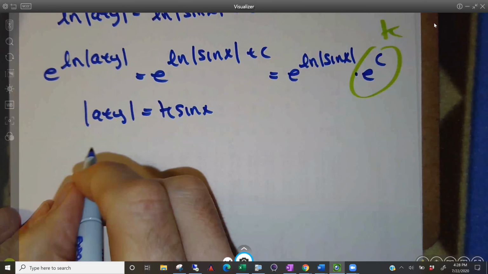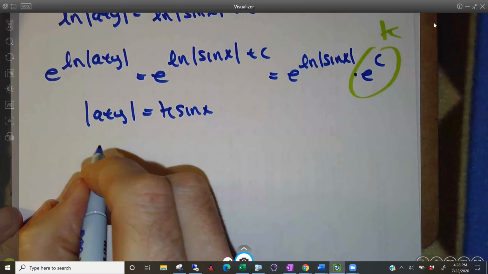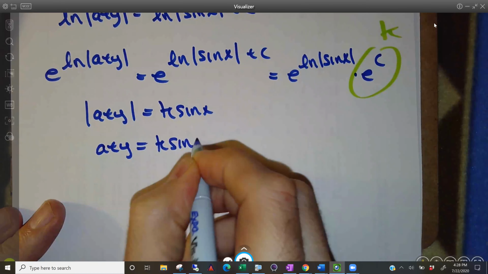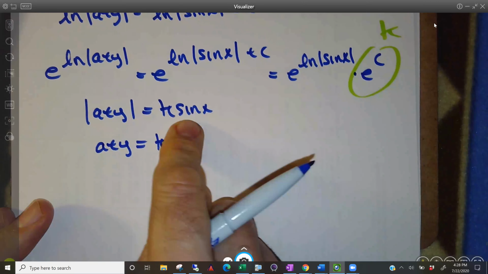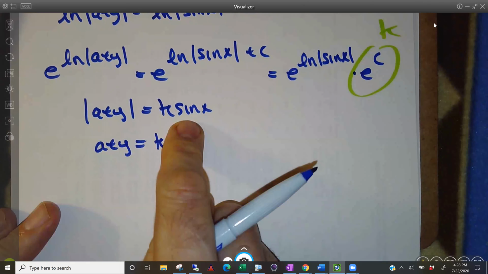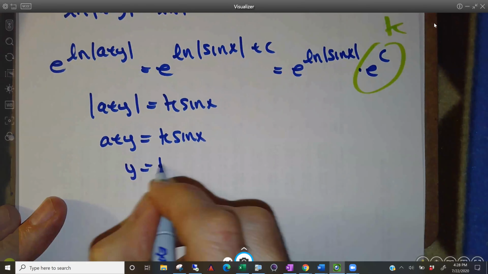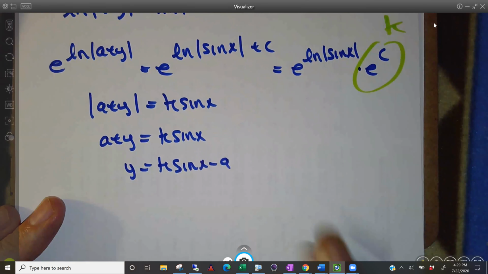And likewise, I can get rid of the absolute value over here, because this is guaranteed to be positive. To finish solving for y, I get y equals k times sine of x minus a.